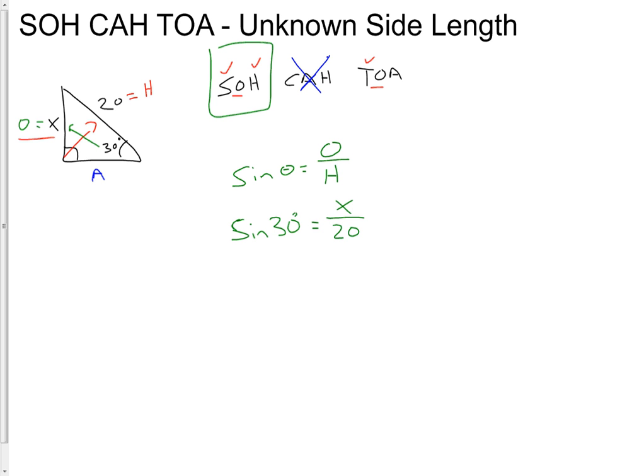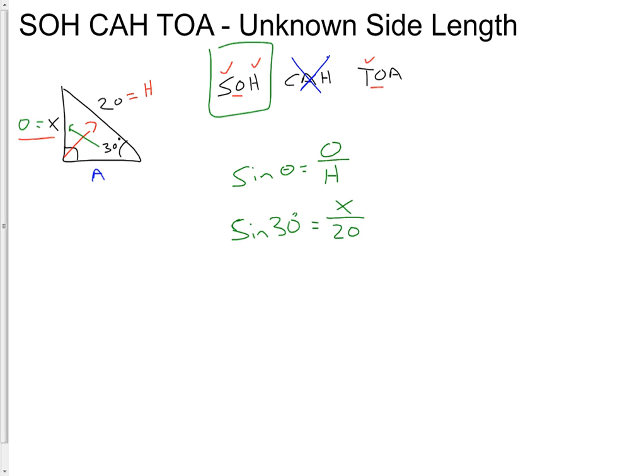Now we need to go through and solve. Sine 30 just represents a number. If you plug sine 30 into your calculator, it'll give you some decimal number.